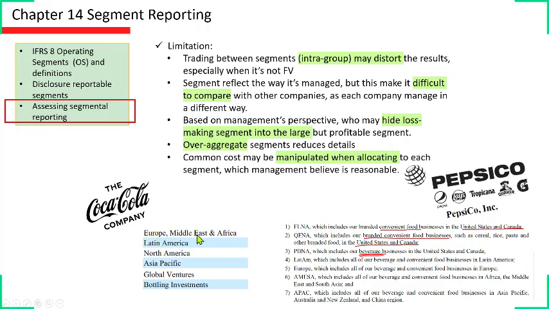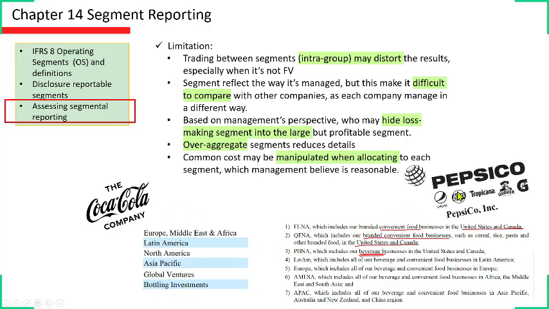They got Europe, Middle East, Africa, Latin America, North America, Asia, and global ventures. Global ventures basically means the coffee store Costa, right? And they have different bottling investments, about 5 regions of bottling operators. So this is how they manage their business.